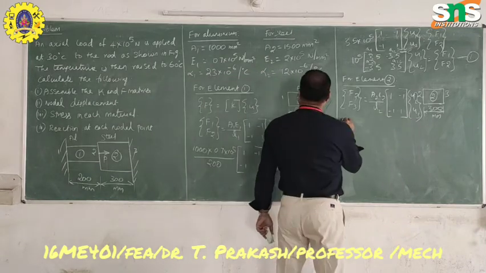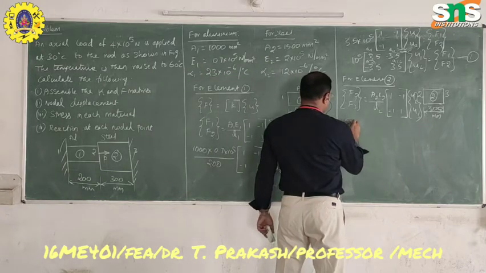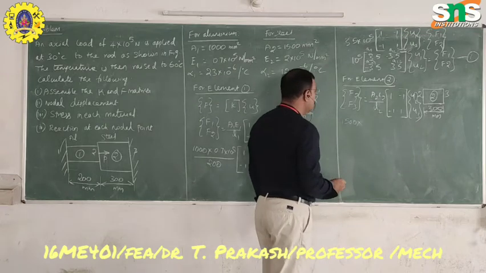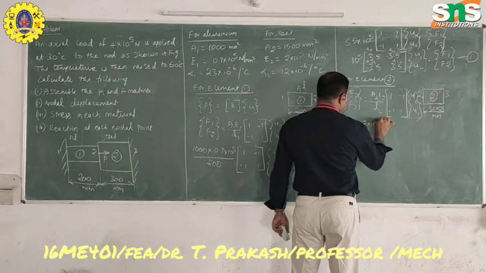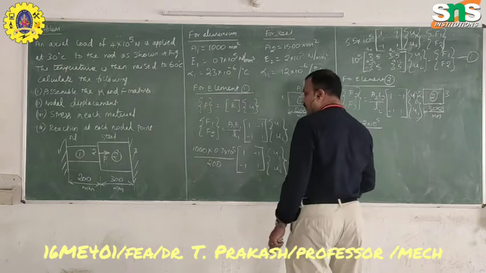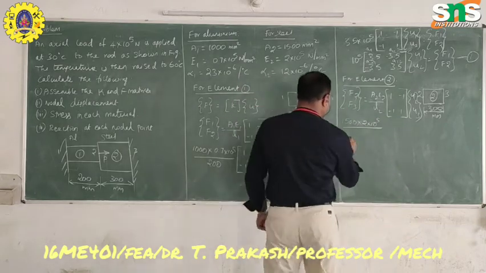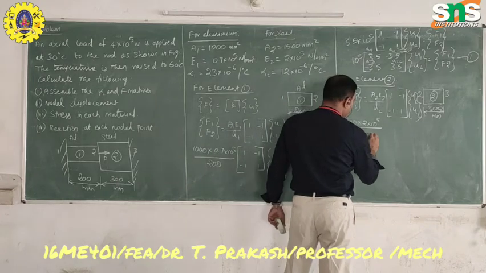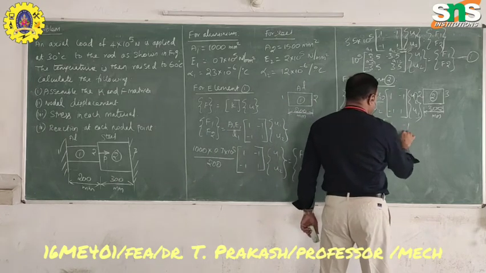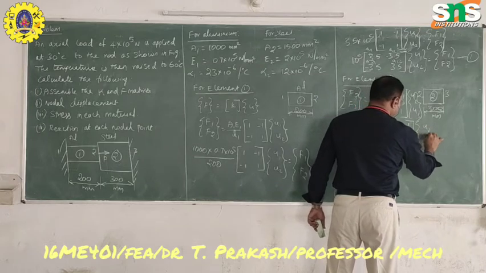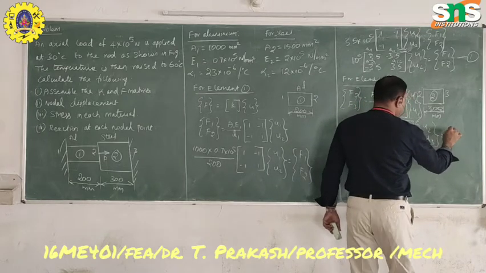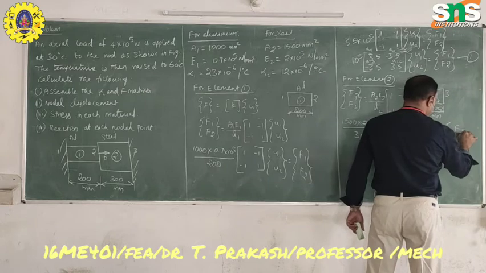A is the area 1500. Check that all the values are in mm. Then Young's modulus is 2 into 10 power 5. Then L2, the length of the second element, is 300. Times the matrix 1 minus 1, minus 1 1, times U2, U3 equals F2, F3.